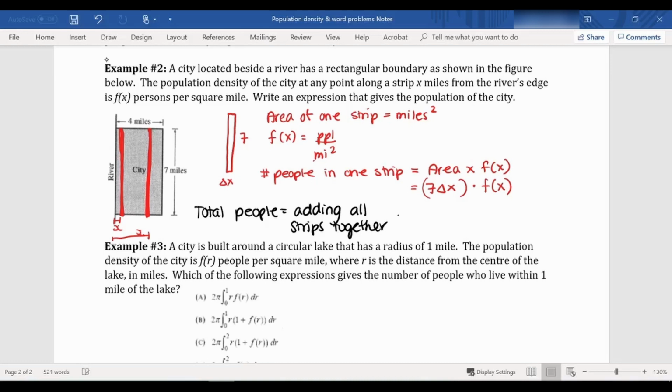And remember, one way to do that is an integral. So if I integrate 7 delta x f of x, that's going to give us our total.